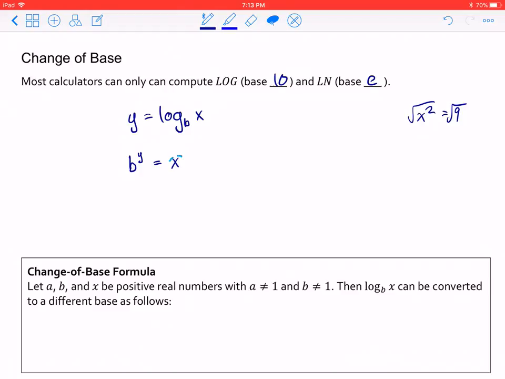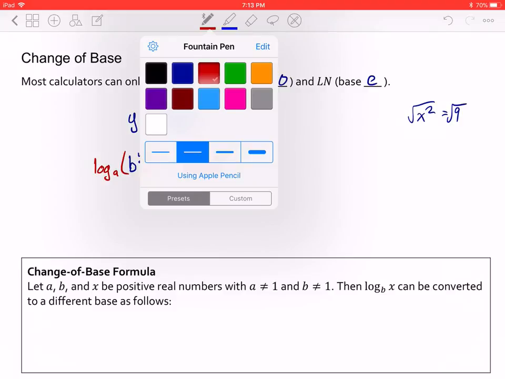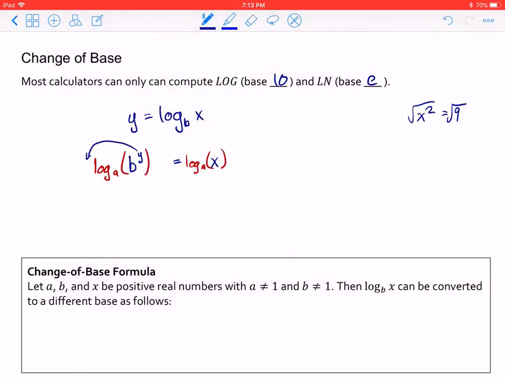So what I'm going to go ahead and do is I'm going to slide this over and make some room. And what we're going to do is just say, okay, I'm allowed to take each side as the input to say log base a. So you'd have log base a of b to the y and log base a of x. And now this y could come down in front.